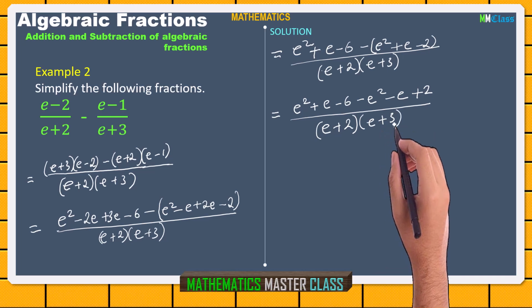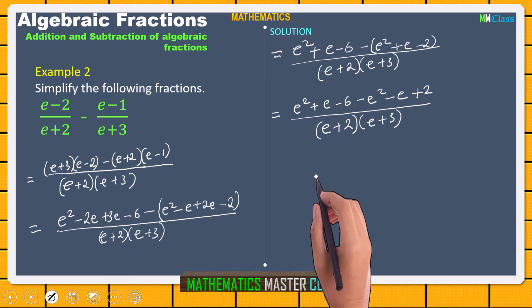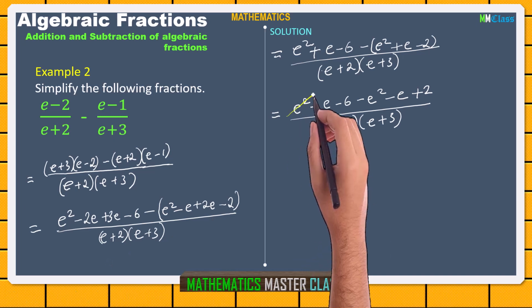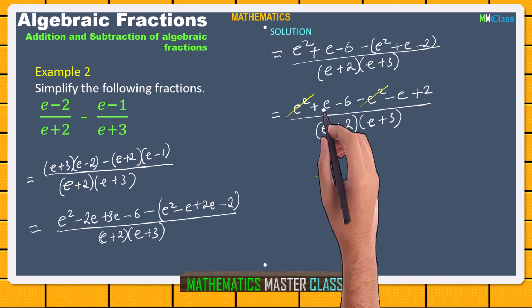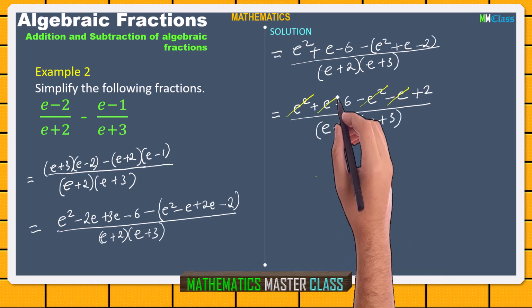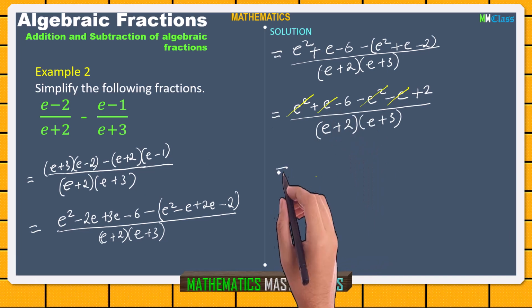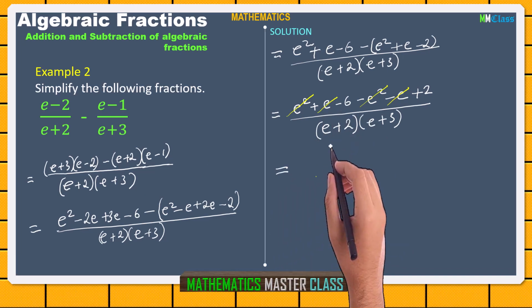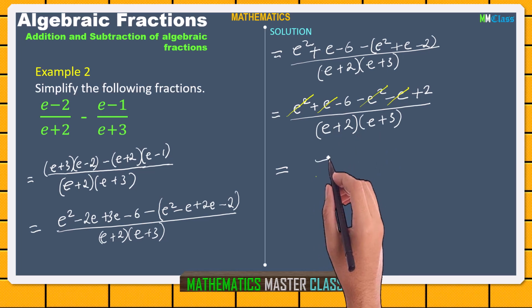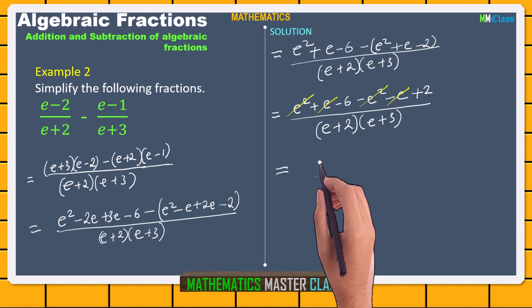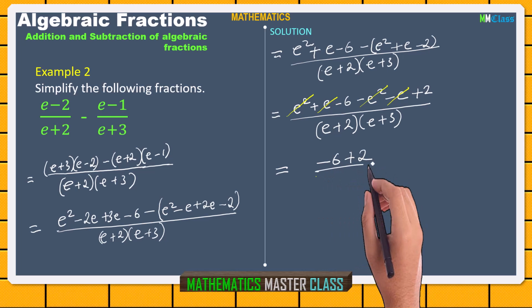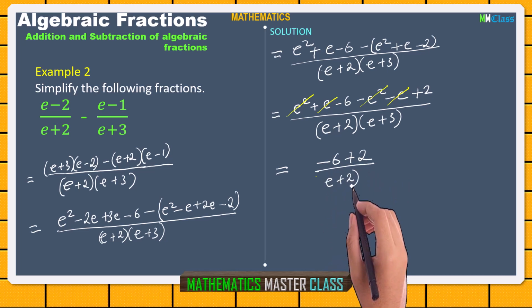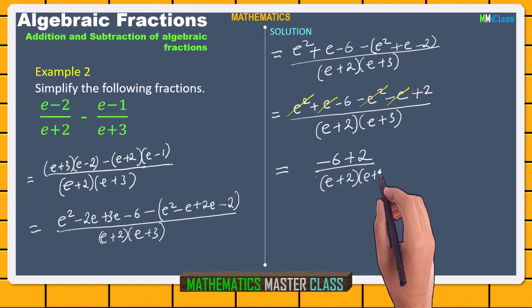So it's now time for us to cancel out. Here now, this e square cancels out this e square. And this minus e here has cancelled out this. We are now left with minus 6 plus 2 over (e plus 2) and then (e plus 3).